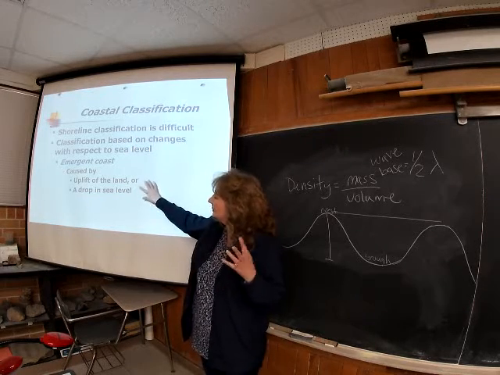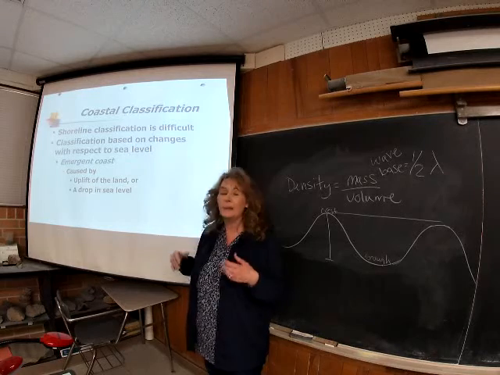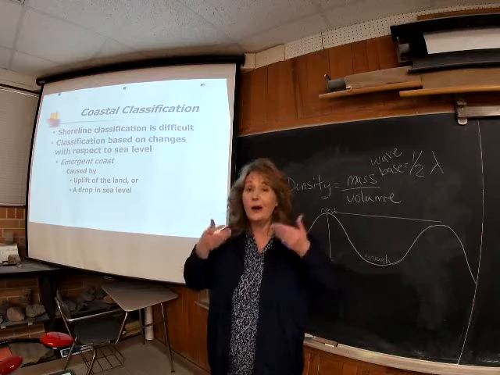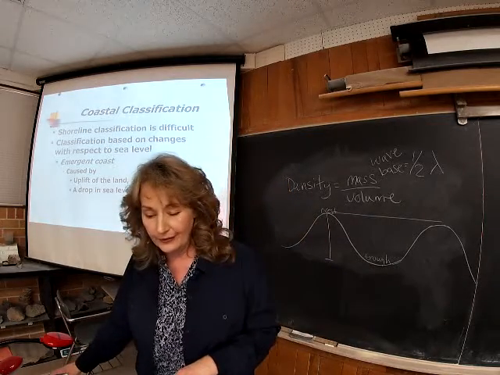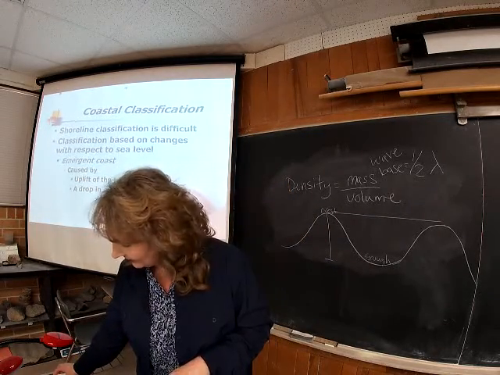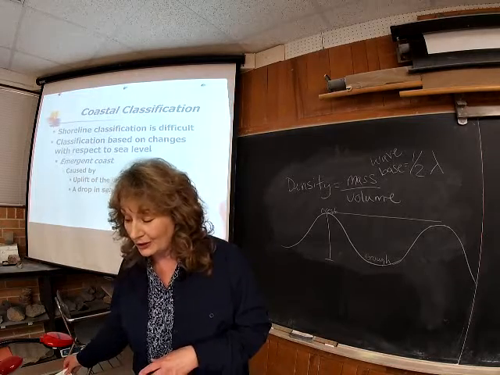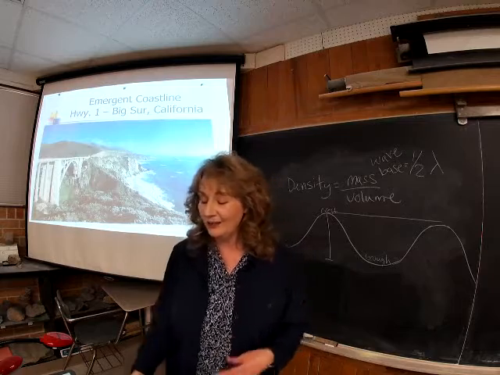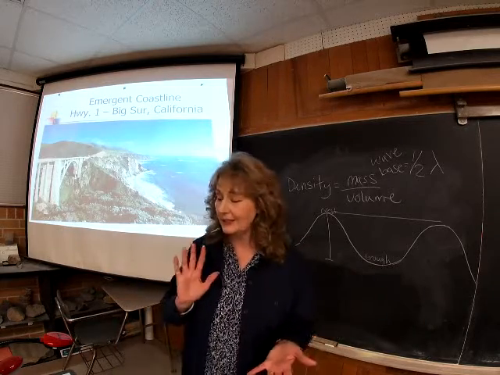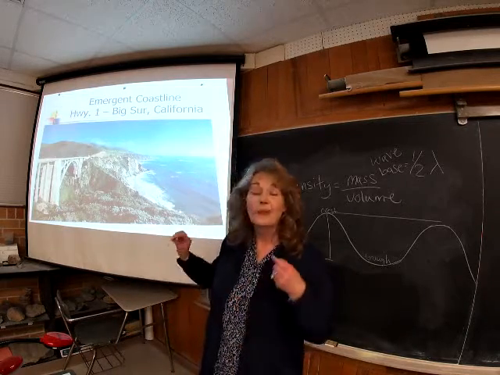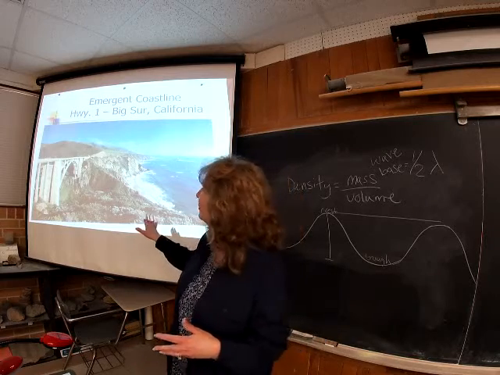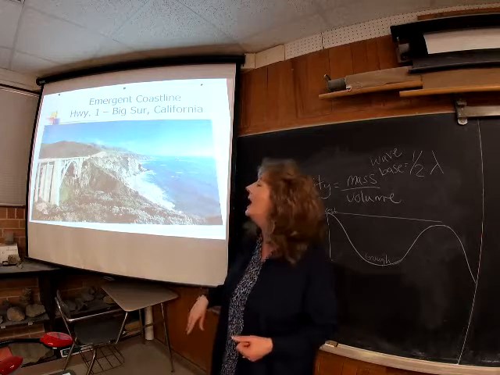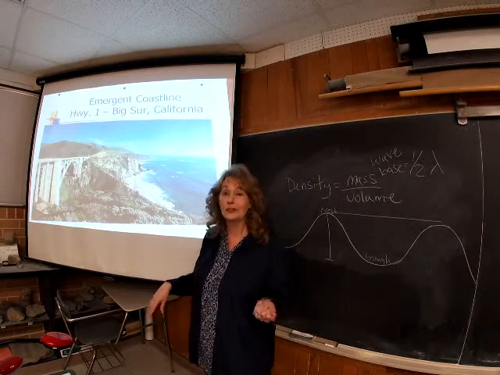And so either one of those, uplift of land or drop in sea level, can cause what we call an emergent coast, coming up above kind of the layer there.